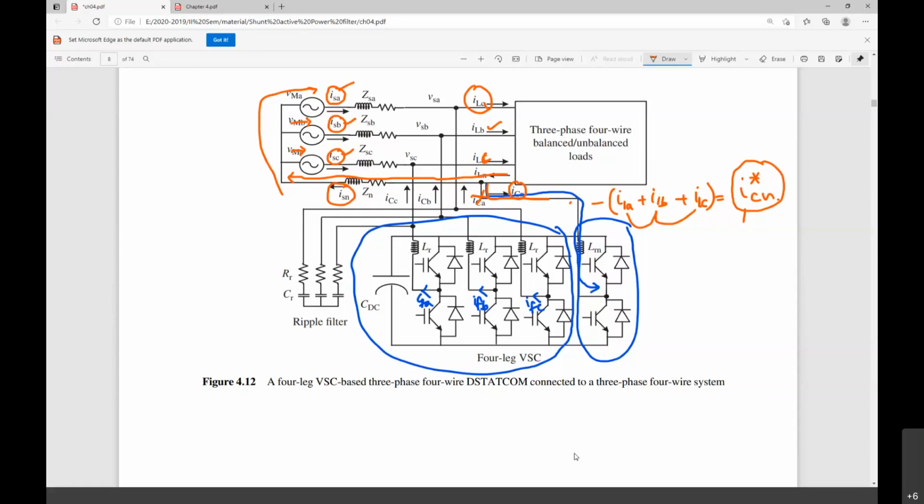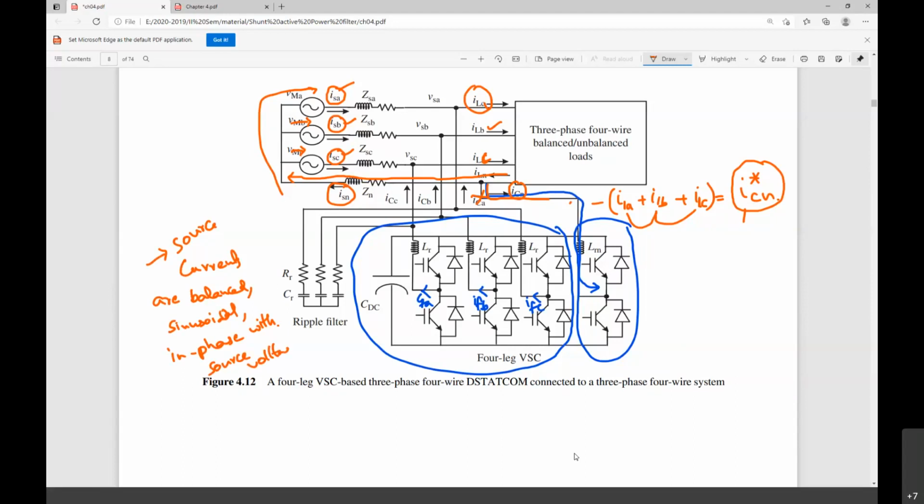One of the objectives of using the D-STATCOM, which I discussed in earlier classes, is that the source currents are balanced and sinusoidal, and in phase with the source voltages.